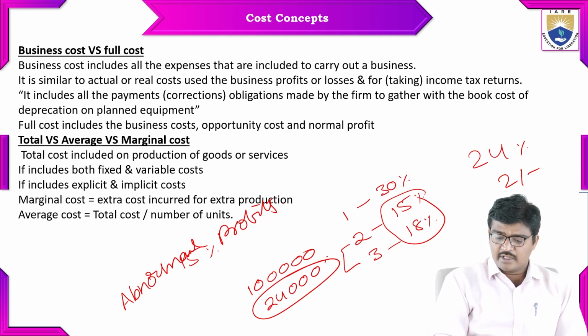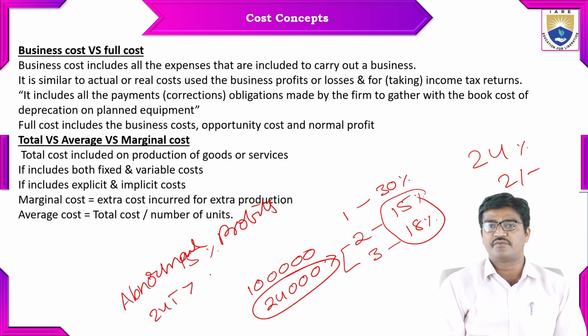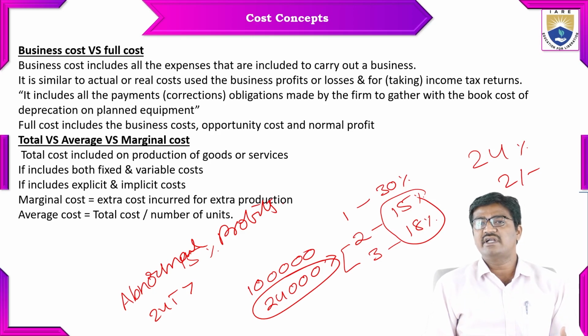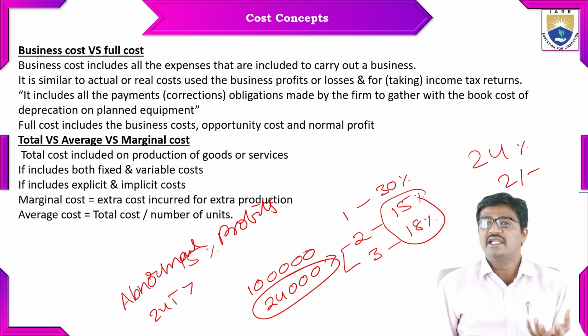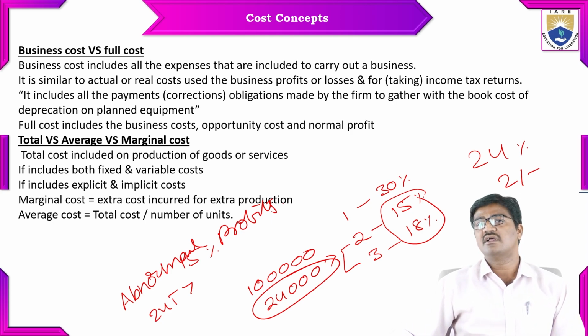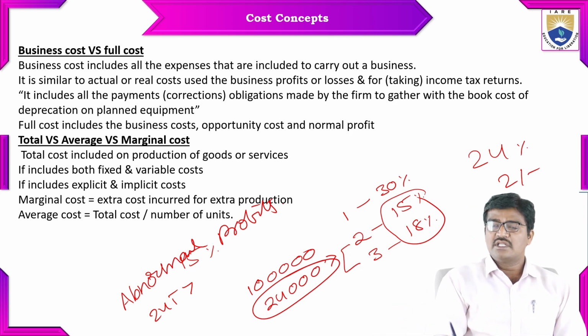If you have earned more than this 24,000 rupees, then only it is considered as profit. Because without doing any activity, you can get interest of 2 rupees or 24% on this particular investment amount. That's why this 24 percentage is considered as normal profits.